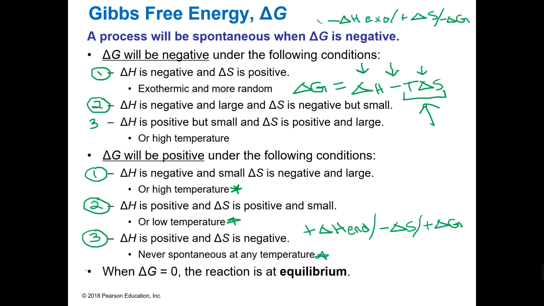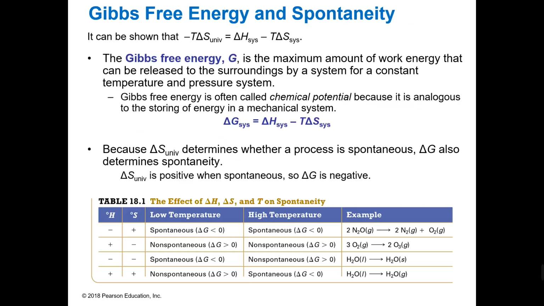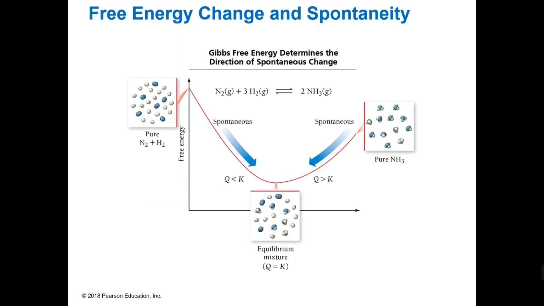Now, this is an important part. When delta G equals 0, the reaction is at equilibrium. So let's talk about this in terms of Q versus K. When we talked about K in relation to equilibrium, what we said was, if K was very, very large, the product side was going to be favored.